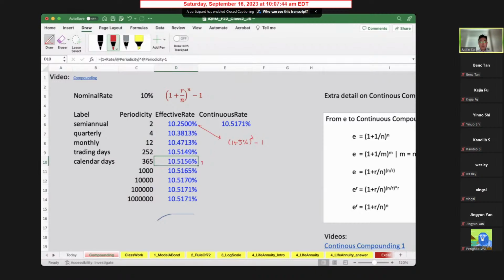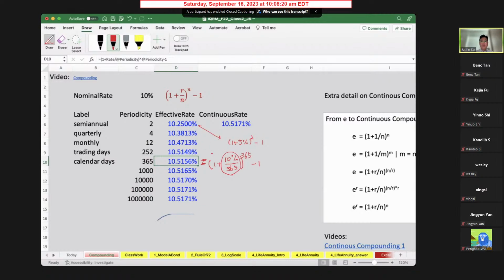This is basically 1 plus 10% divided by 365. What is this? This is the period rate to the power of what? 365, and take minus 1. It gives this percent. So these are all effective rates in column D.